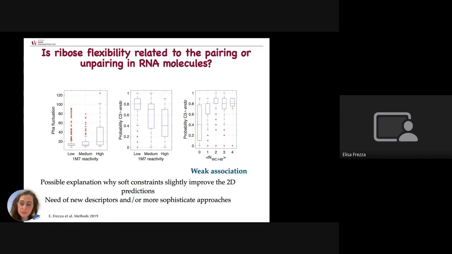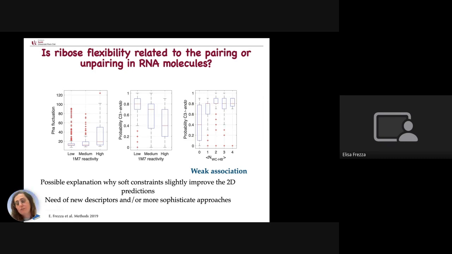To go further, since we also want to understand better why 2D prediction mostly fails even when we add SHAPE data, we wanted to look at whether there was some association between the puckering and the reactivity, and between the puckering and the number of hydrogen bonds that can form.